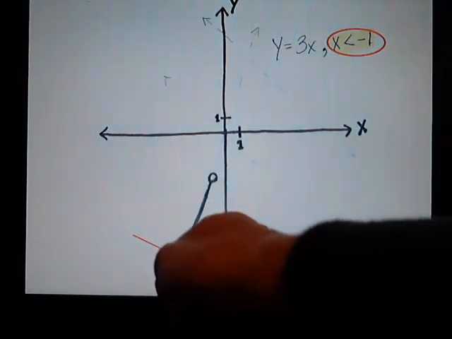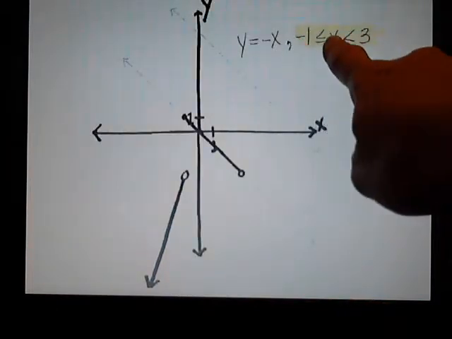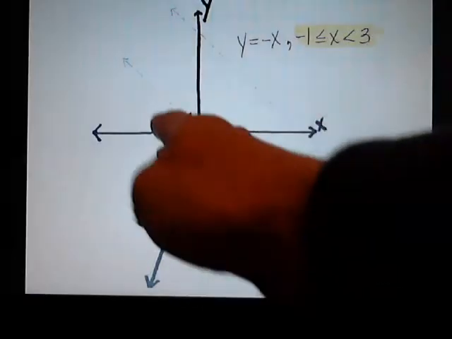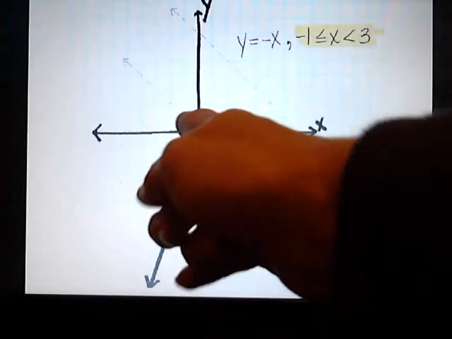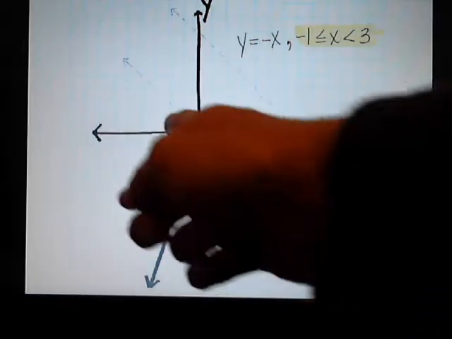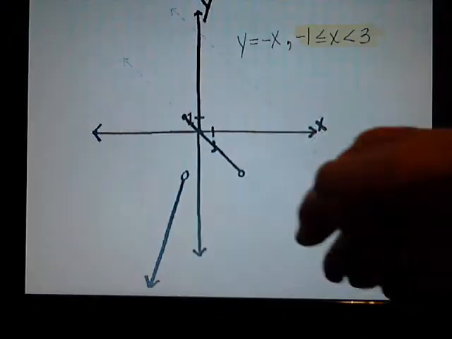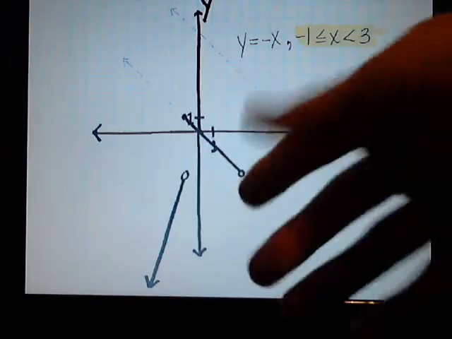So we're keeping this portion of the line. The next line, y equals negative x, we are keeping from -1 to 3. So we keep that portion, and we don't need the rest of the line. We're just going to darken in.